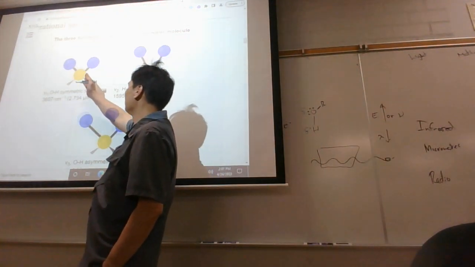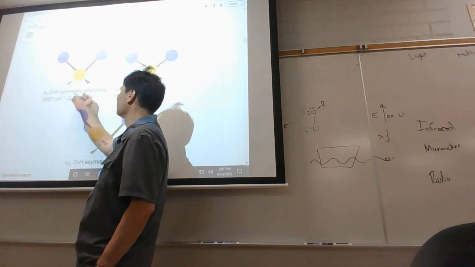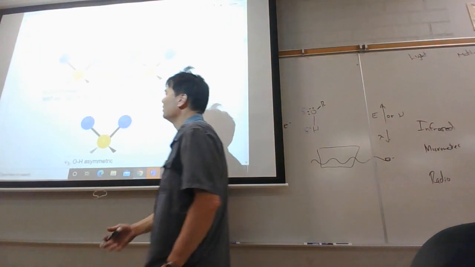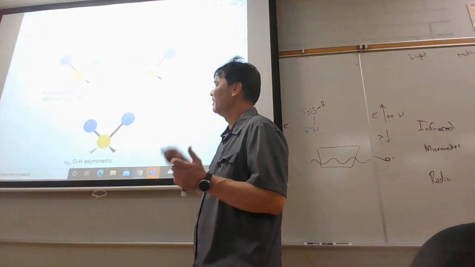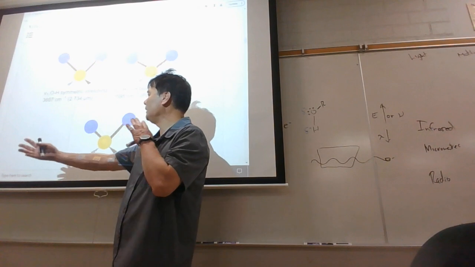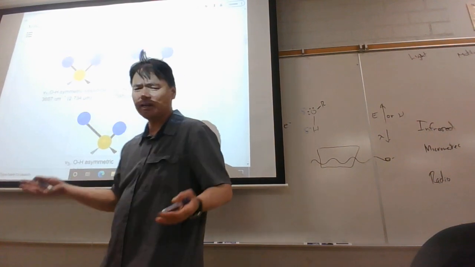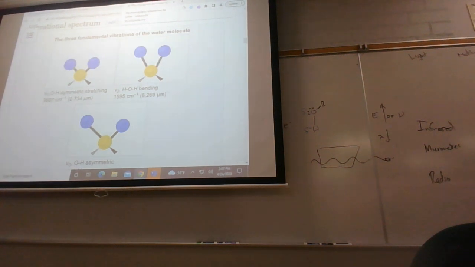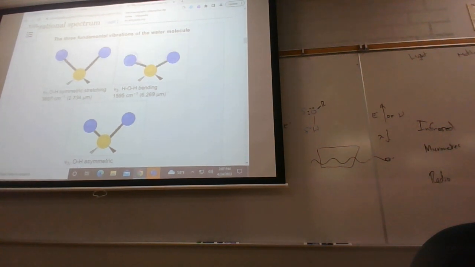We just have to have the right resonant energy or the right resonant frequency or the right resonant wavelength to cause this vibration. And so if we have an infrared light source, and the infrared light source has a range of wavelengths, because infrared is what we call a band of energies, or a band of wavelengths, a band of light.